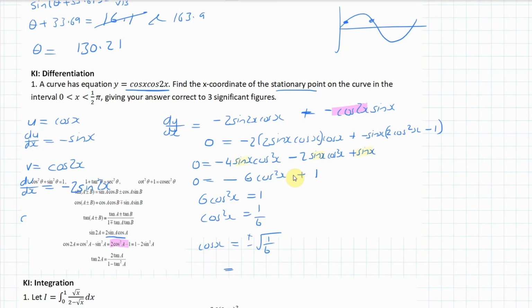And now what do we get when we do that? Square root 1/6 gives x equals 1.15.